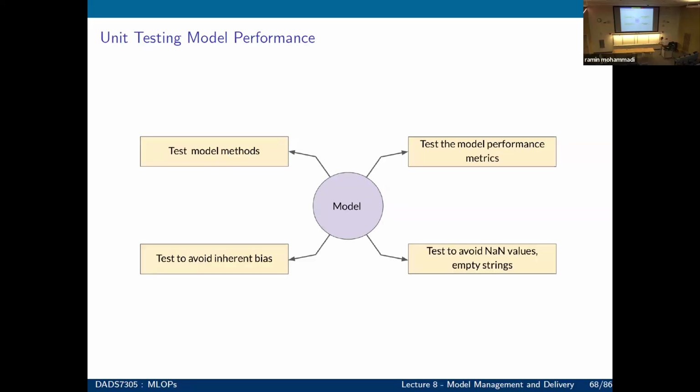When it comes to your model, you test the model methods. If you have a model method, let's say you have a scikit-learn model, you train the scikit-learn model, and as part of your CI, basically it saves a model. The model itself has sub-functions as methods, like when you have a saved model and you load it, it has a dot predict, there's a dot print, and so on, right? It has a series of functions.